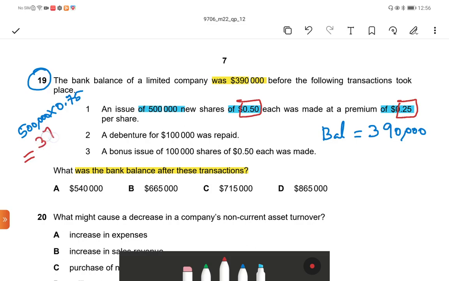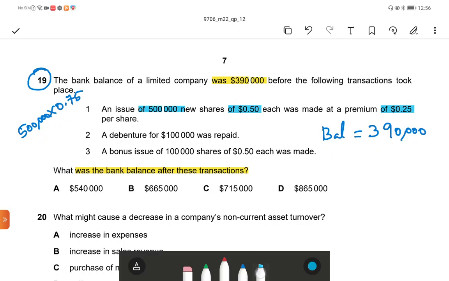So issuing shares will increase the bank balance by 375,000.